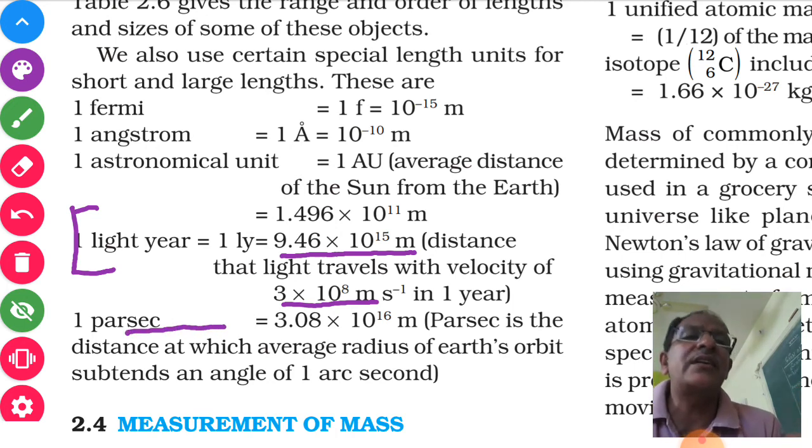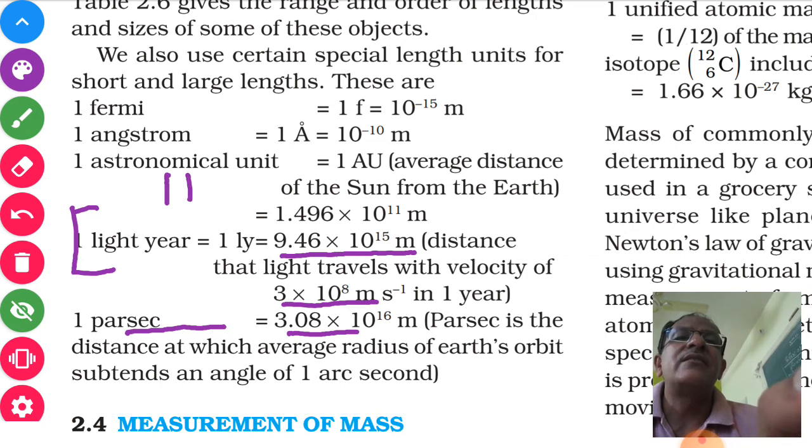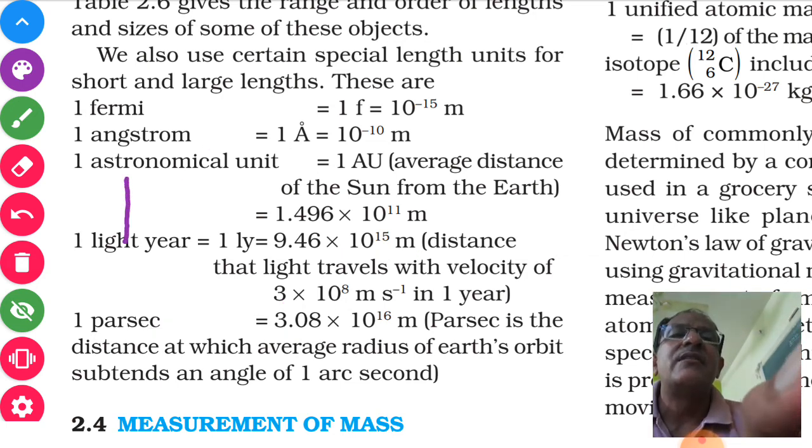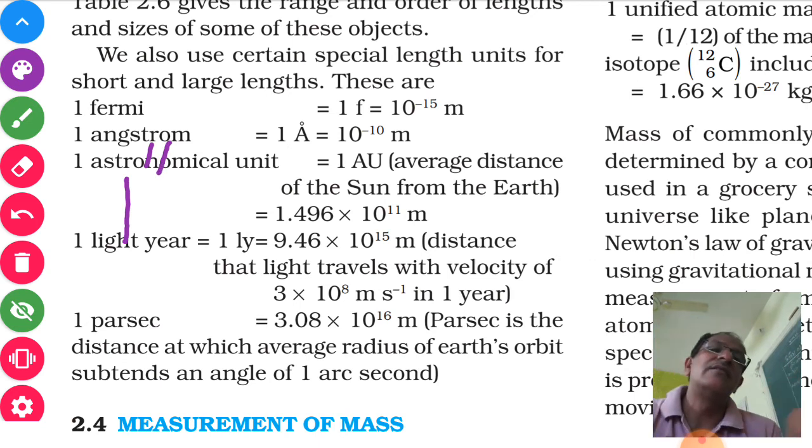Okay, 1 parsec is 3.08 into 10 to the power 16 meter. Parsec is the distance at which the average radius of the Earth's orbit subtends an angle of 1 arc second. 1 arc second means what is the angle? 1 second angle.